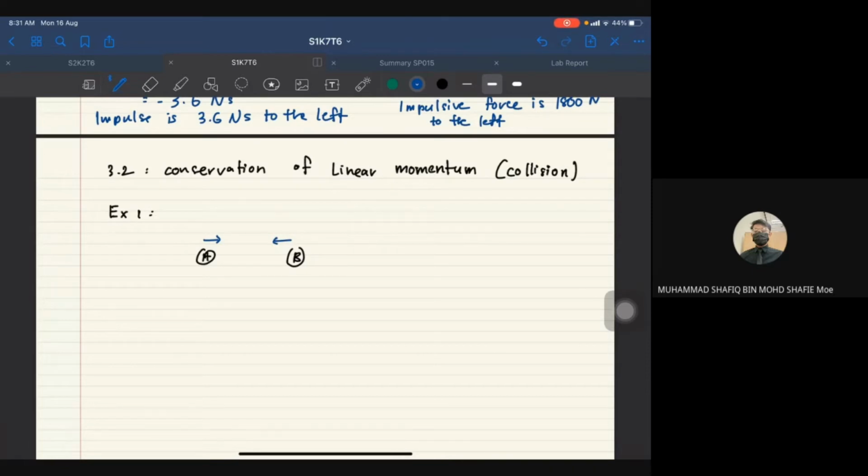Let's say the velocity of A is equals to 10 meter per second, and B, let's say, is 2 meter per second. Okay, and then let's say the mass over here is equals to 2 kilogram, and the mass over here is equals to 1 kilogram. Okay, so this one is before collision.